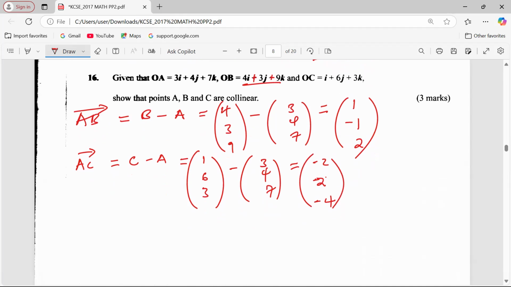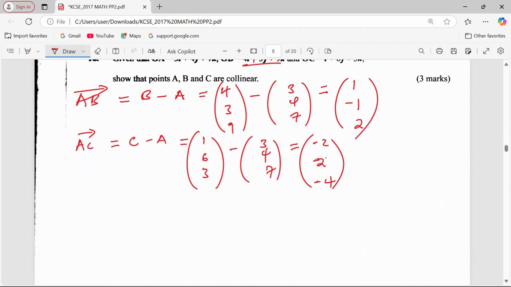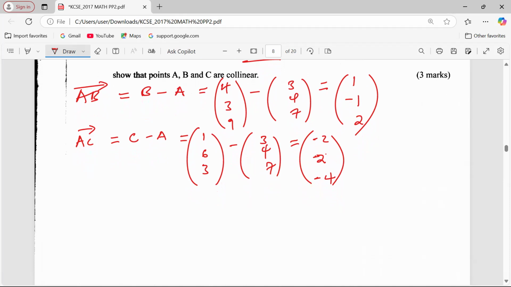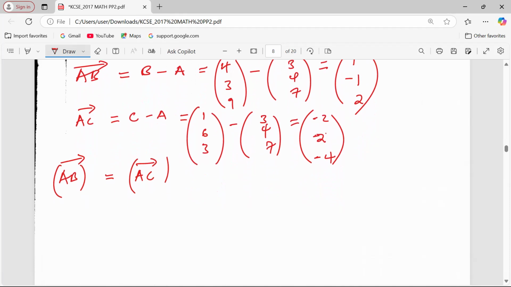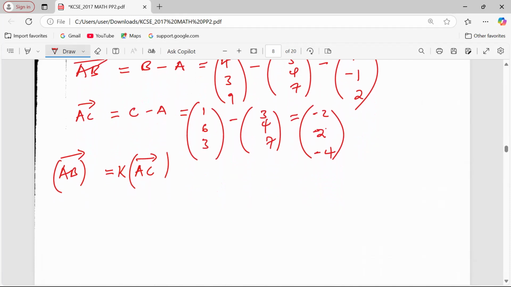So we're going to look at this and confirm whether vector AB and vector AC can be related in any way. And we can multiply this one by a certain constant.